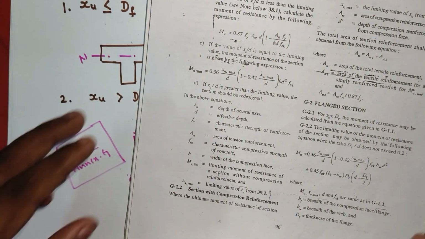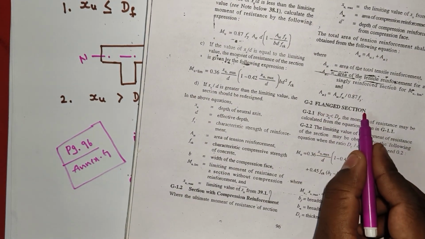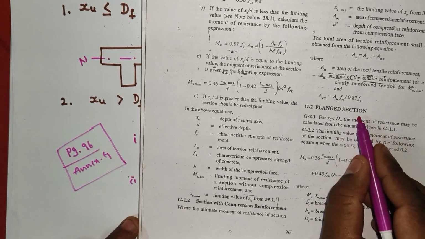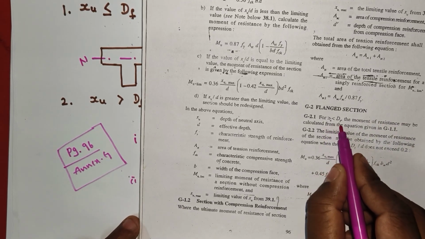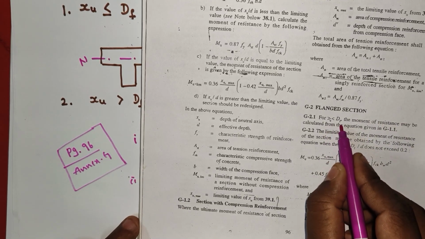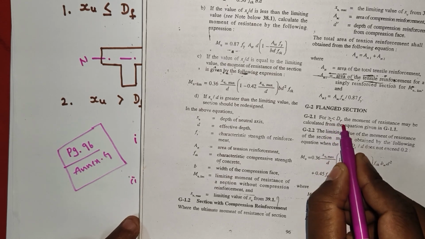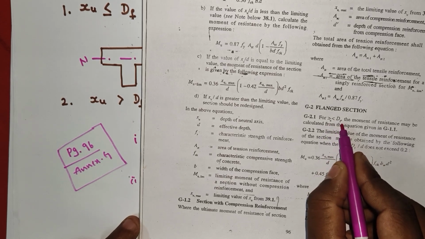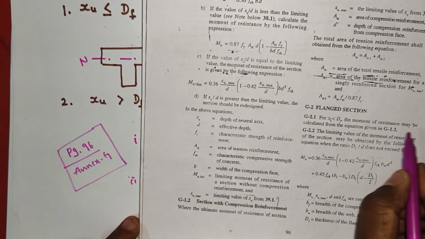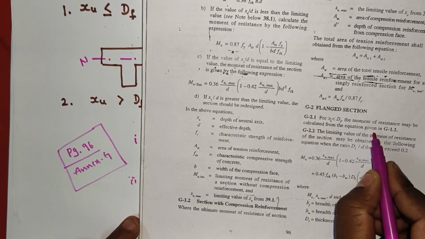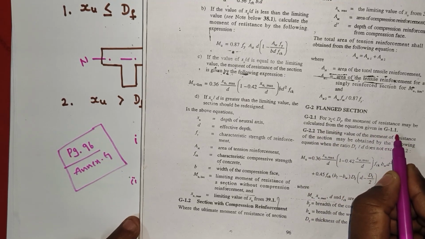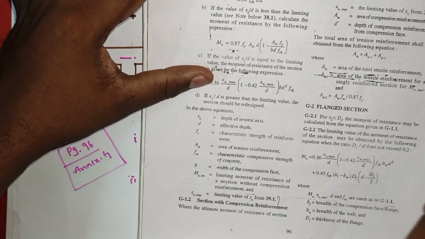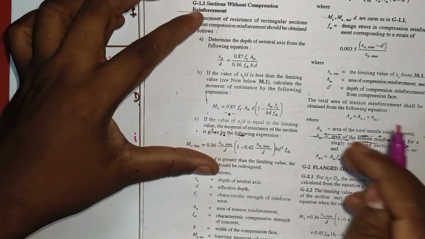Now I am talking about the flanged section. If the depth of neutral axis is less than the depth of the flange, the moment of resistance may be calculated from the equation given in G 1.1, means this one.